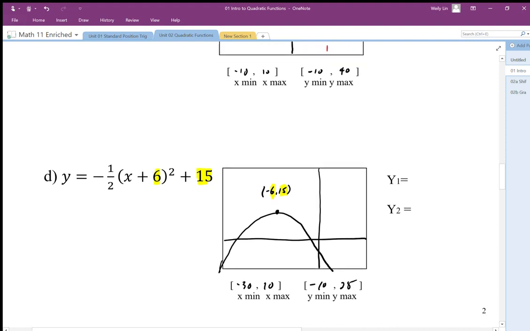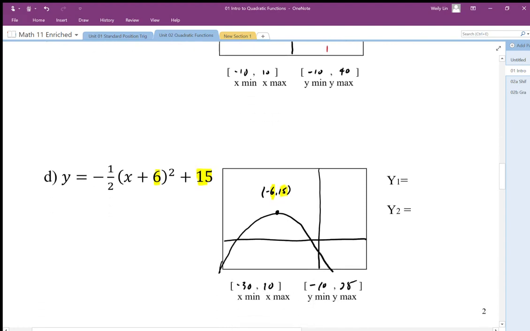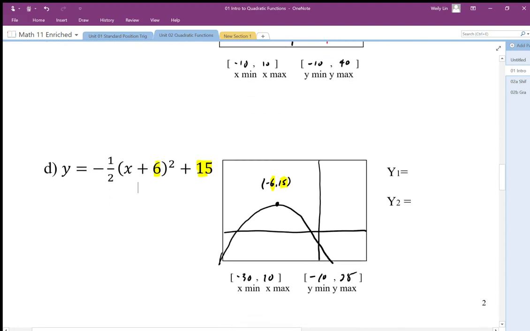Okay, that the x-coordinate is going to be the opposite of that sign. So if it's negative, we're at positive. If it's positive, we're at negative. And that is a relationship that we do want to look at and identify. The vertex is the most important because it gives us our line of symmetry at x equals negative 6.